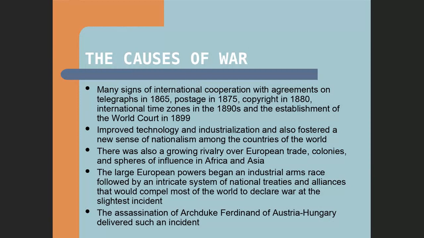France was looking for an opportunity to beat Germany again anyway. Now, on the face of it, it looked like there was a lot of international cooperation. You can see there were agreements on telegraphs, postage, copyrights, even had the World Court established at the end of the 1800s.